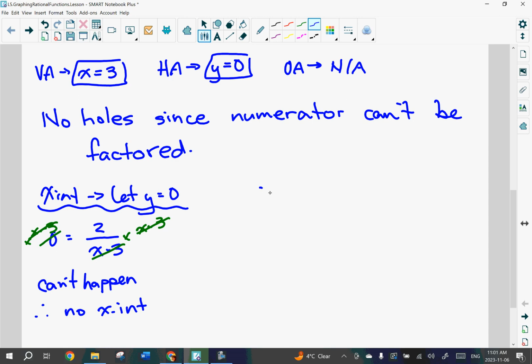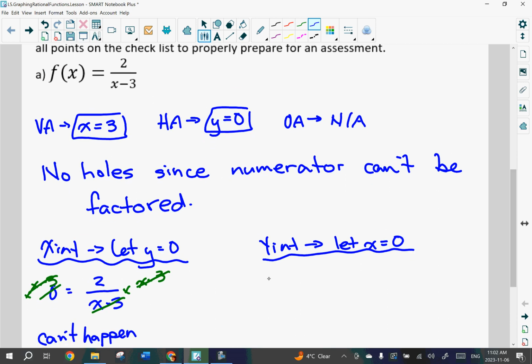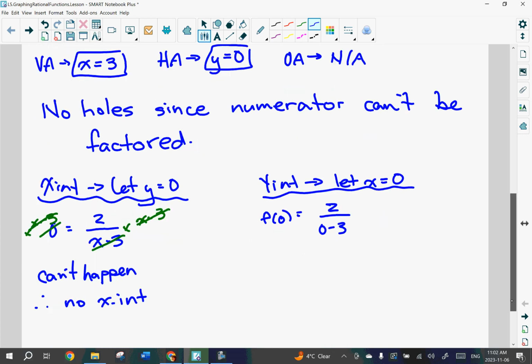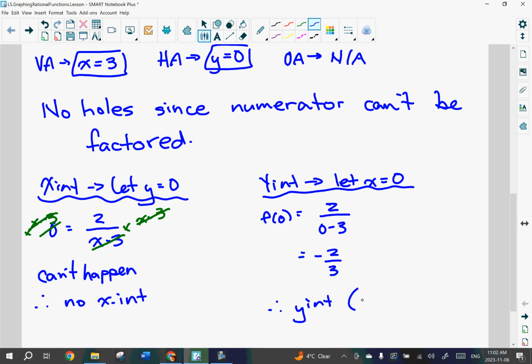Let's find our y-intercept. Wherever I see an x, I'm going to plug in a 0. 0 minus 3. Negative 2 over 3. Therefore, y-intercept at 0, negative 2 over 3.